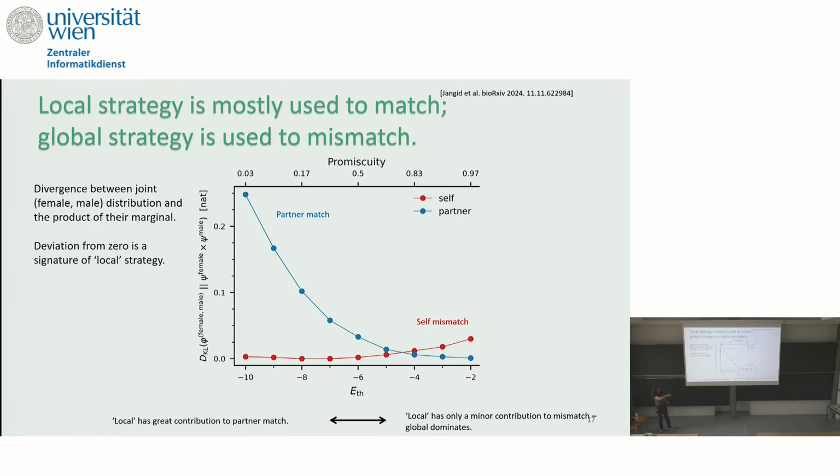So here we get a significant deviation from 0. But only a very minor contribution to anti-partner mismatching. Okay, so that means that coming back to the previous graph, most of the repulsion is done by the global and very little by the local, and most of the attraction is done by the local strategy.